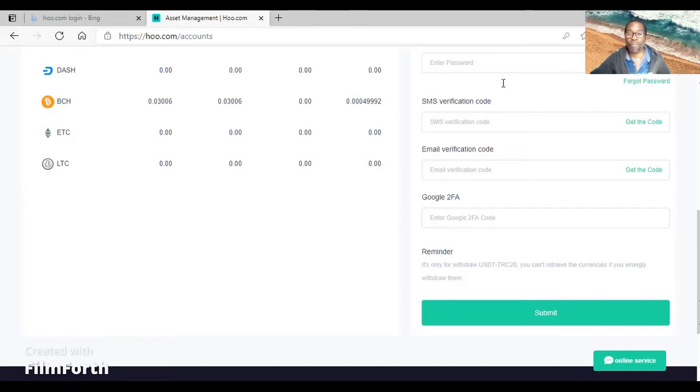I'm not doing it because I'm not transferring this amount. So once you do that and click on submit, the rest will be done by the network, the blockchain. It goes through the chain, and after a series of confirmations, your USDT will be deposited in your Binance, and then you take it up from there. That is it.